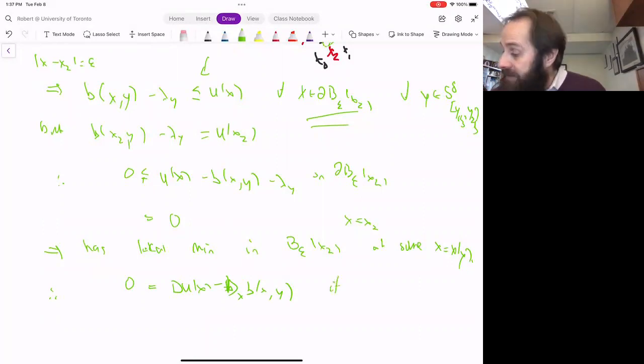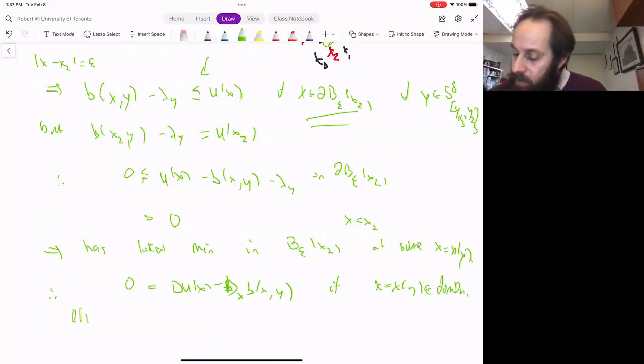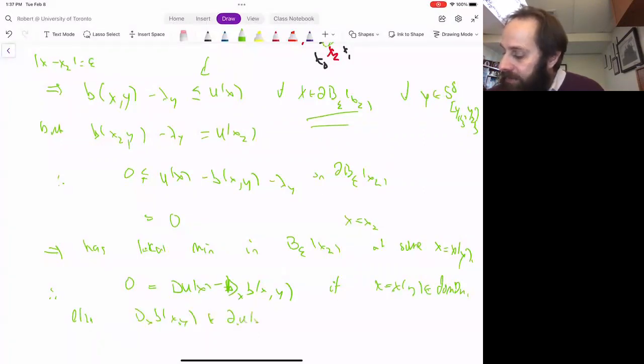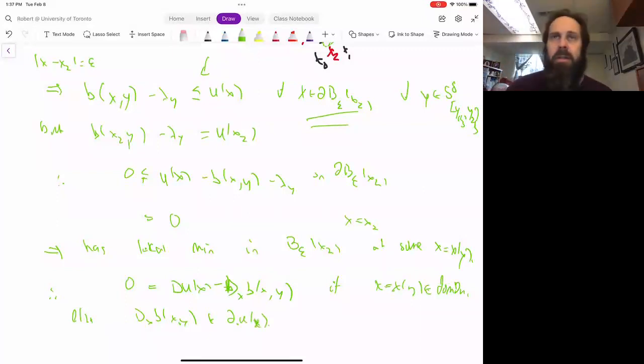If x is a point of differentiability. And if not, what I have is that dxb of xy is still in the local subdifferential of u at x, the classical, not the b subdifferential, but the classical local subdifferential.